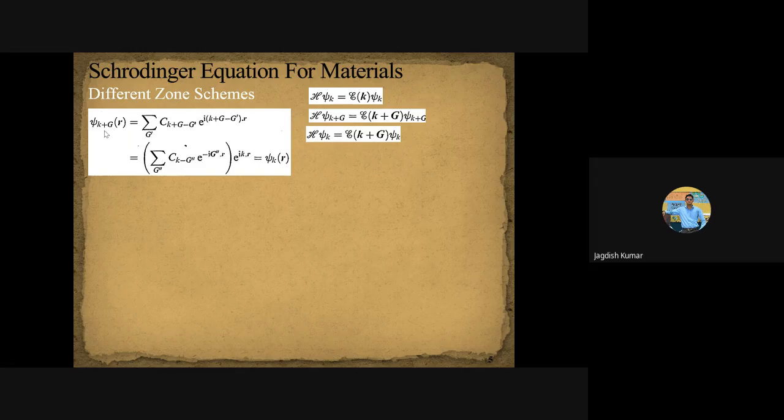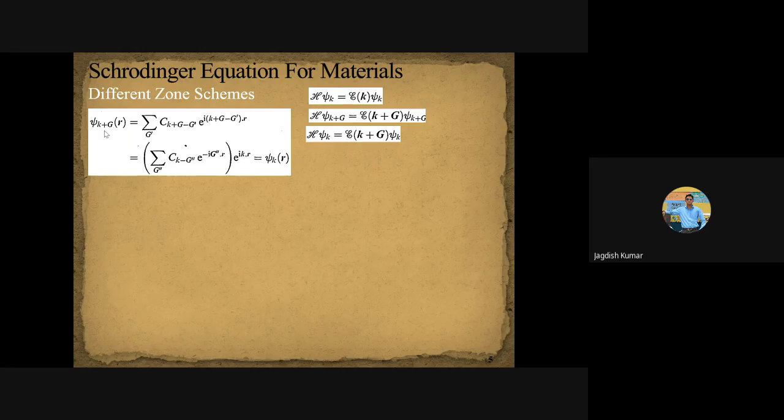Then, if it has a band gap, whether the band gap is direct or indirect just depends upon whether the minimum of your conduction band in the E versus K relation matches with the maximum of the valence band or not.